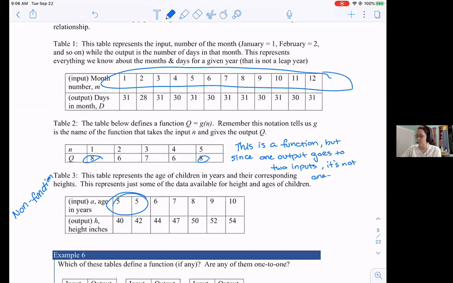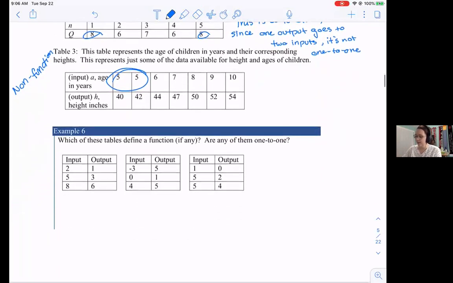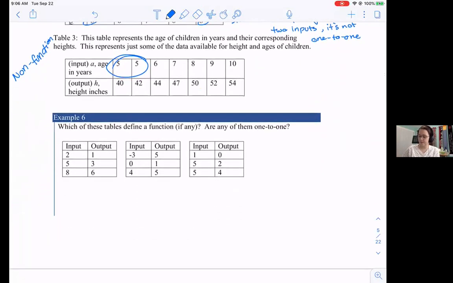So in a one-to-one function in a table, we can't have an input repeating and we can't have an output repeating.